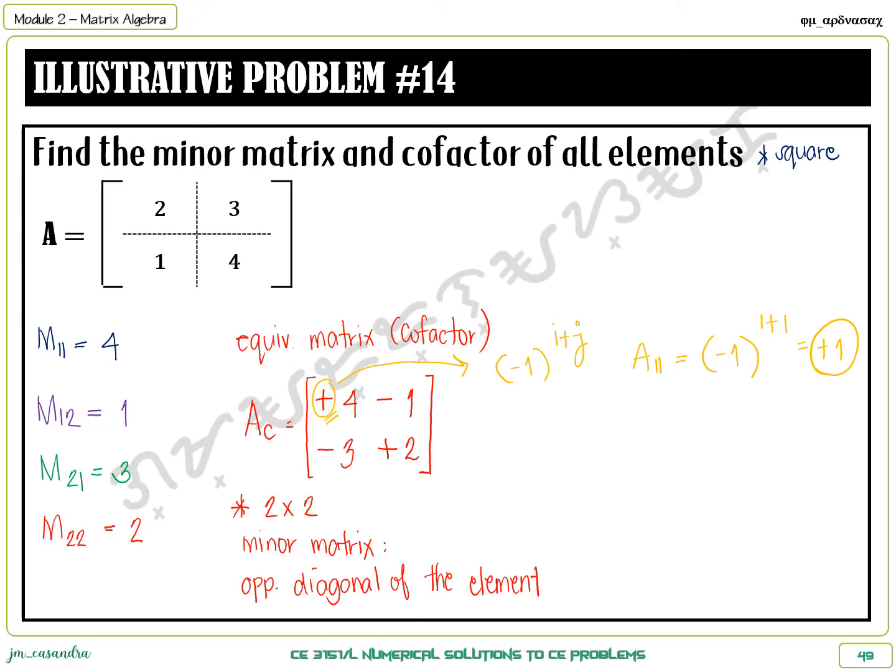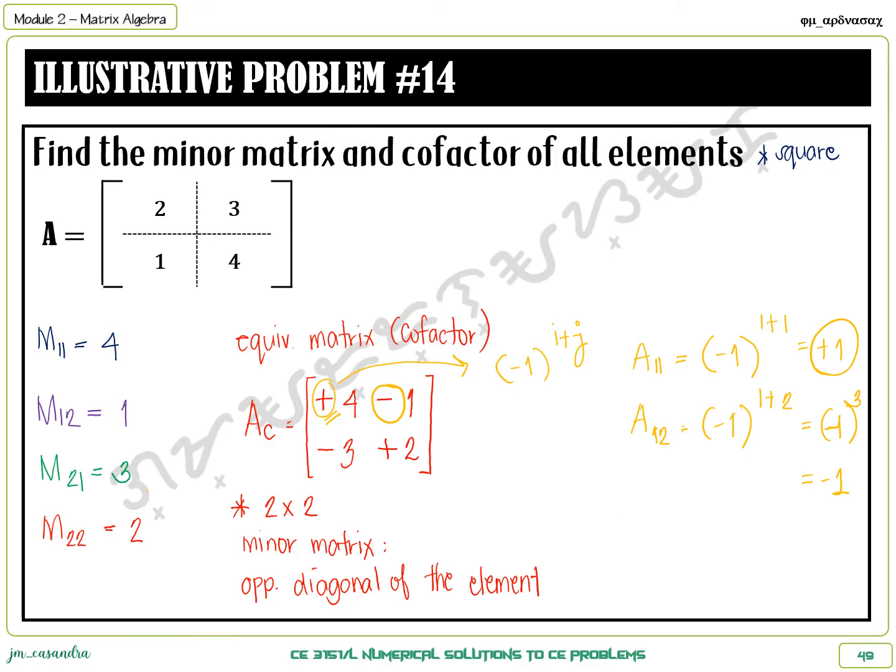Kaya, positive ang sign. So, pag A12, that's negative 1 raised to 1 plus 2. So, it's negative 1 raised to 3. So, negative 1 raised to 3 is negative 1. Kaya siya negative doon. Okay?